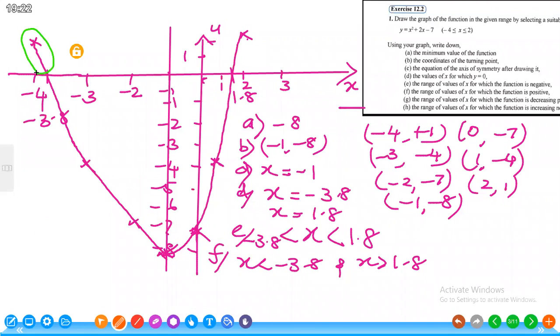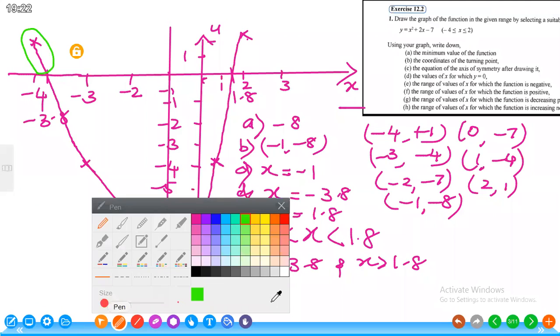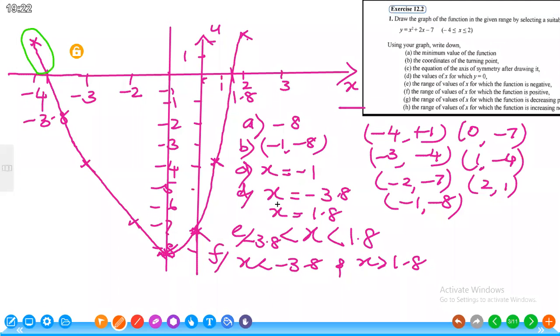So what is the range of values of x? Here, x less than minus 3.8. So G part is x less than minus 3.8. This part is decreasing and above the x-axis. So the range of values of x is x less than minus 3.8.